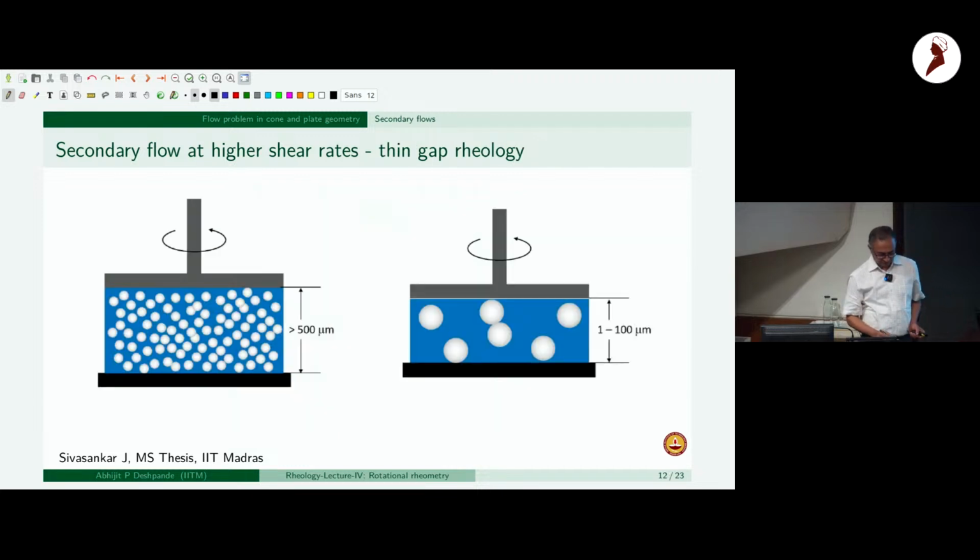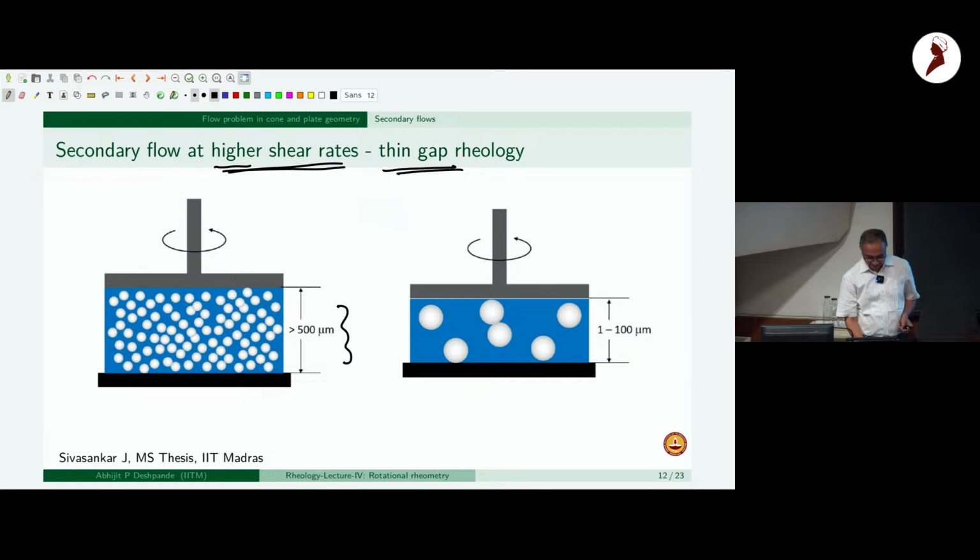And so, as we discussed in the morning, if you are trying to avoid inertial flows and secondary flows, one would want to go to a thinner gap. But this is showing a particulate system, and the particle size is 18, 20, 30 microns. You can see that when you are doing it at larger gaps, you are exploring the material at a bulk scale.